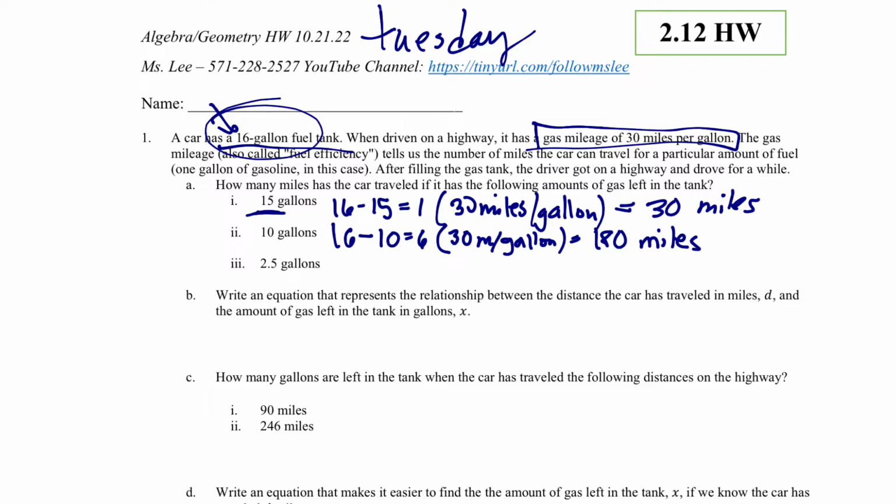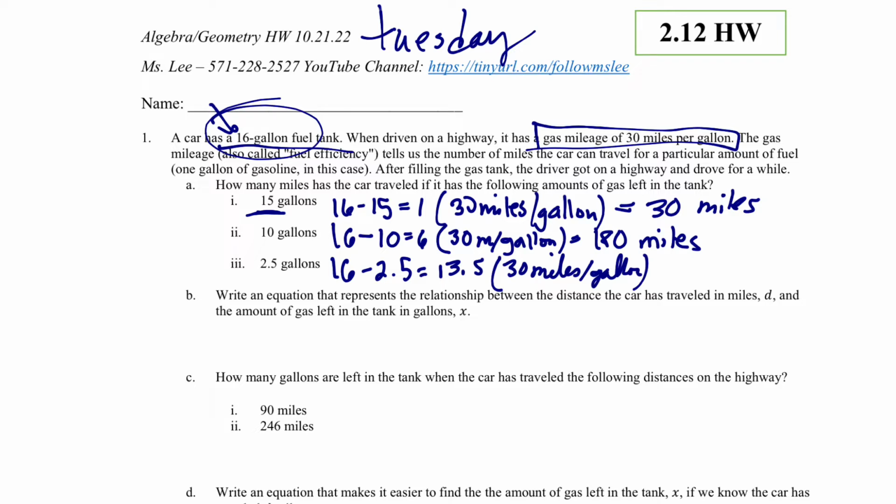Now, in this case, we have only 2.5 gallons left, which means we've used a lot more gallons here. So if we say 16 minus 2.5, we would have 13.5 gallons that we've used, times, again, 30 miles per gallon. That'll tell us then that we've gone quite a long distance.